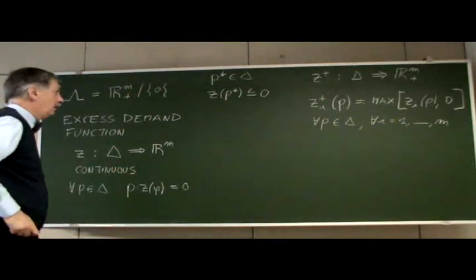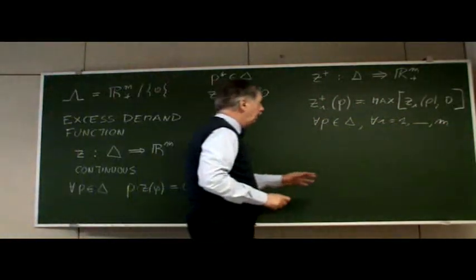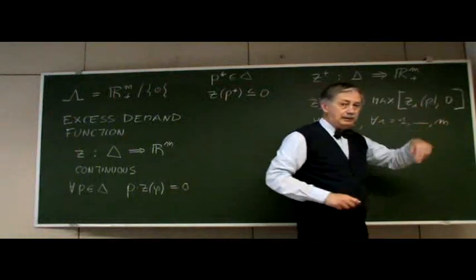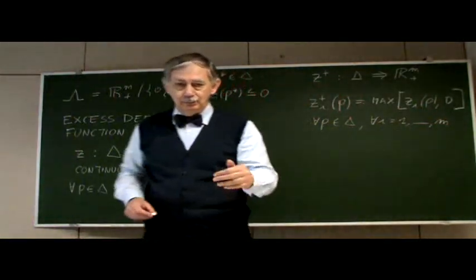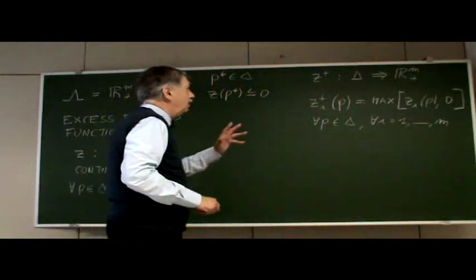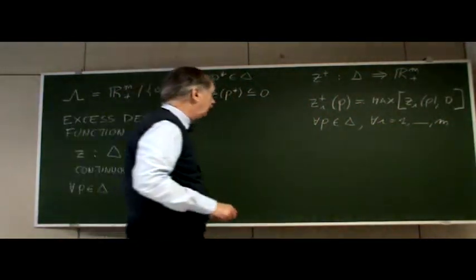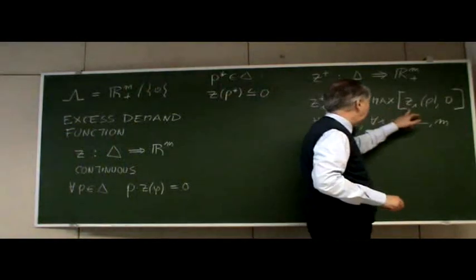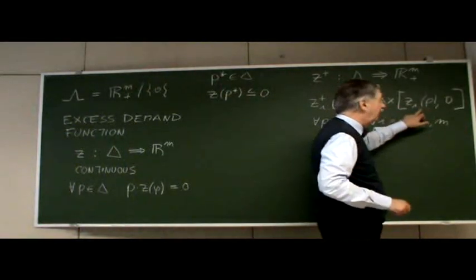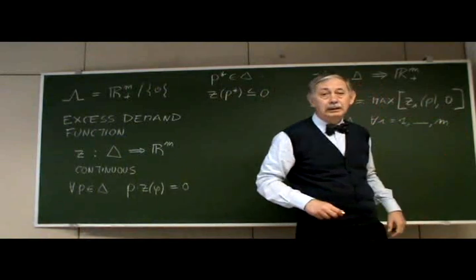In other terms, take any price system p. You have an excess of demand, one for each good. Some of these are negative numbers, of course, but in this case, this function substitutes to this negative number 0.